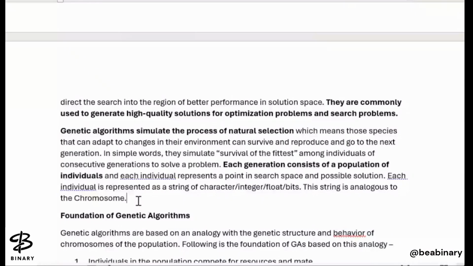How can we define it? We are saying that genetic learning in AI involves using algorithms inspired by natural selection and genetics to solve problems, particularly in machine learning and optimization.